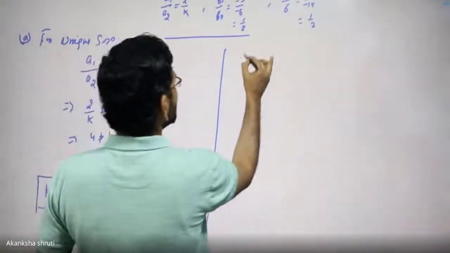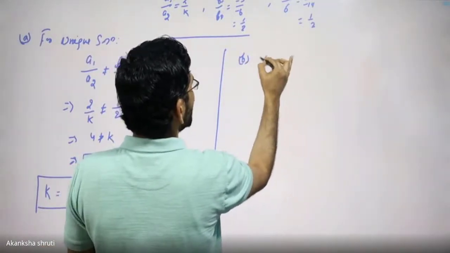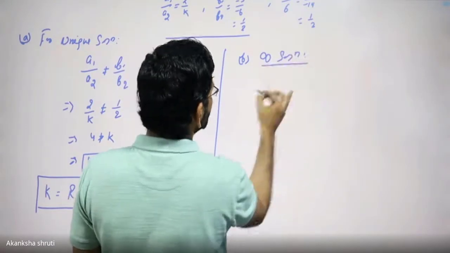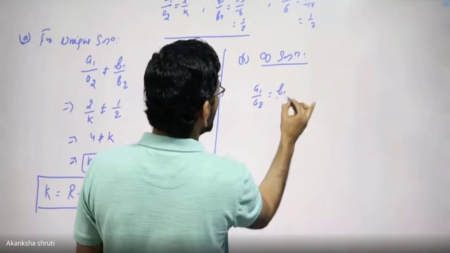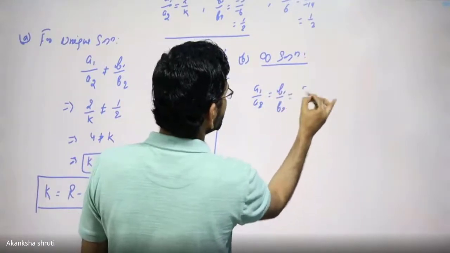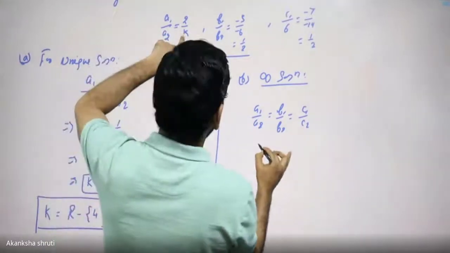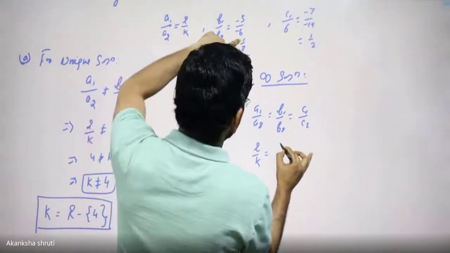But if it is asked for infinitely many solutions, for infinitely many solutions, we have to verify a1 by a2 should be equal to b1 by b2, which should also be equal to c1 by c2. Here we are getting a1 by a2 as 2 by k, and b1 by b2 is 1 by 2.